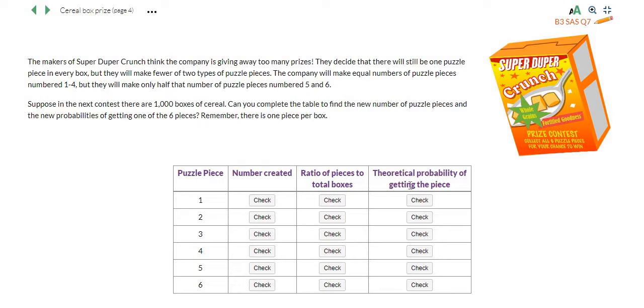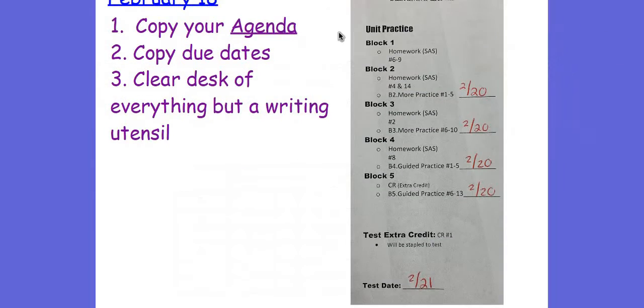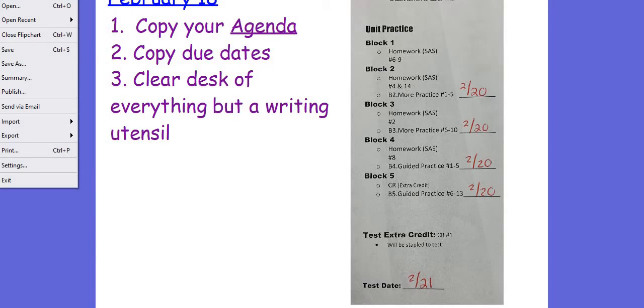So, let me go to the slide here. So if I need a grand total of how many cereal boxes did they say? They're making 1,000 cereal boxes.